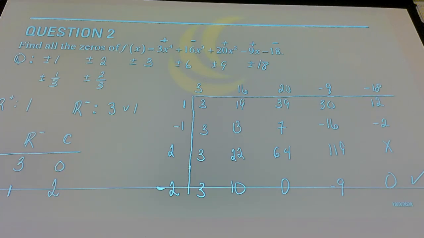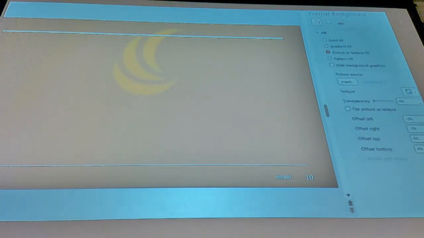That makes -2 a 0, which makes x plus 2 a factor.